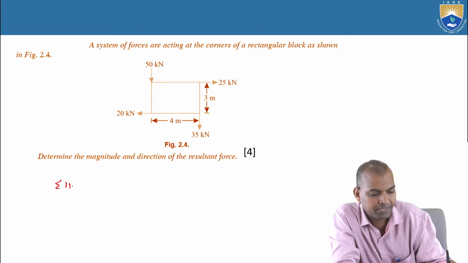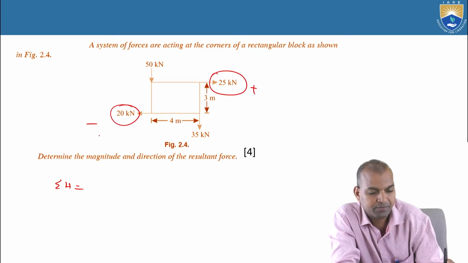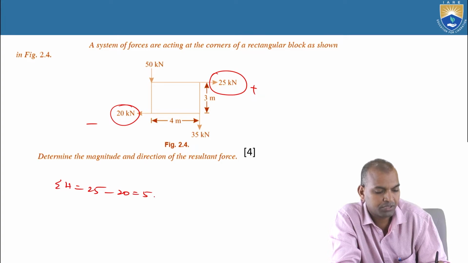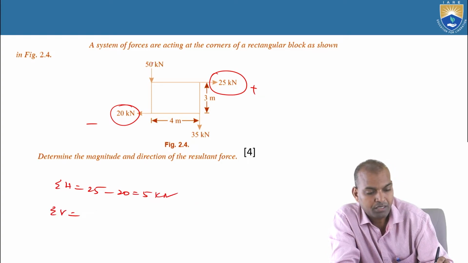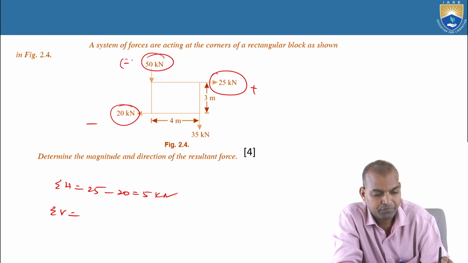Sigma H equals, what are the horizontal components? The positive x and the negative x, that is 25 minus 20, that is 5 kilonewtons, sigma H. Whatever sigma V, 50 kilonewtons downwards, negative y, and 35 kilonewtons, negative y.